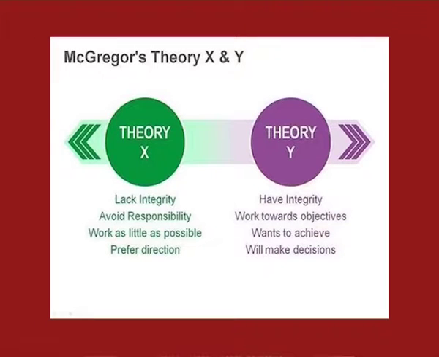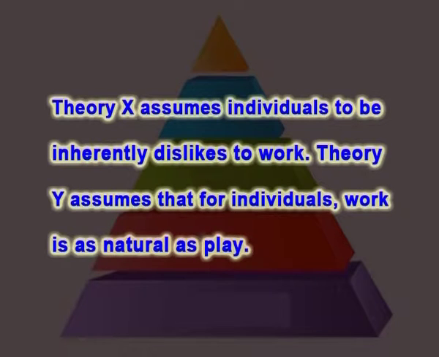In light of the above discussion, let us now compare both theory X and theory Y. Both theories have certain assumptions about human nature. In fact, they are the two faces of a coin. These assumptions seem to be mutually exclusive. The differences between the two theories can be visualized as follows. Theory X assumes individuals inherently dislike work.